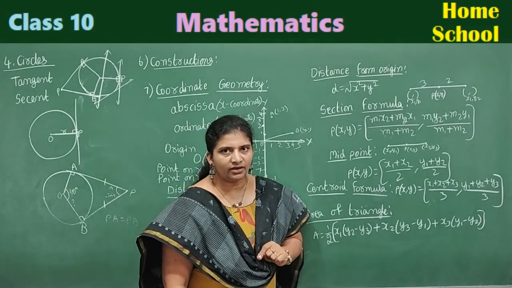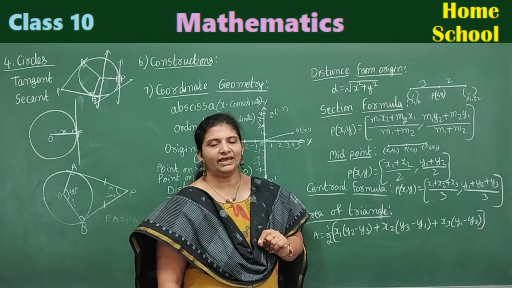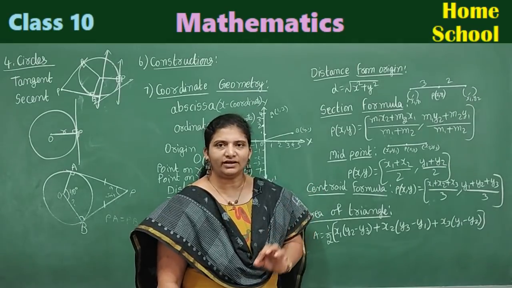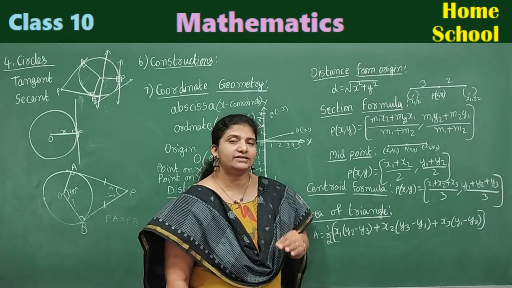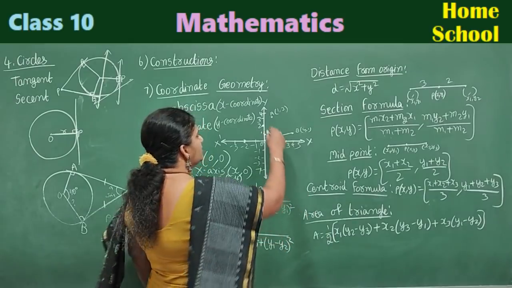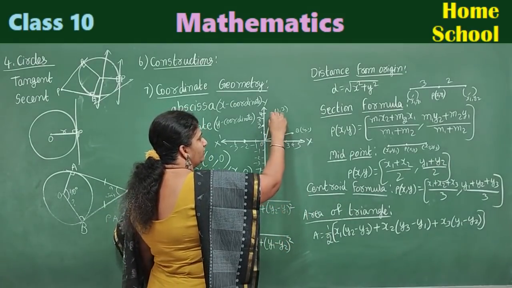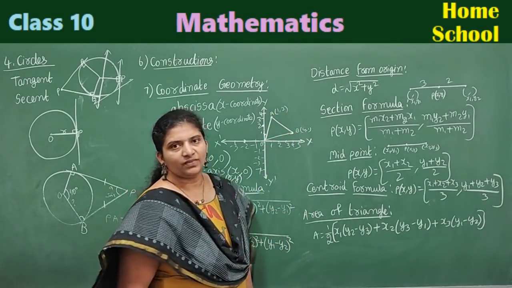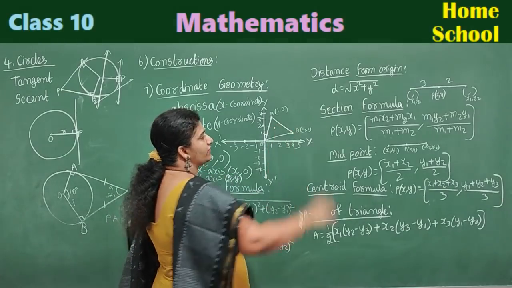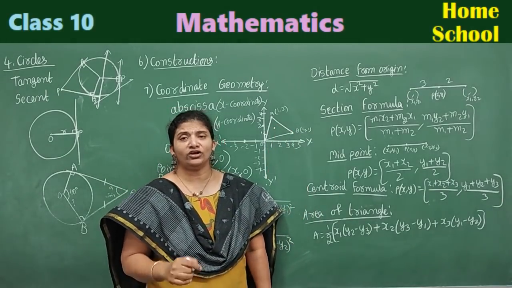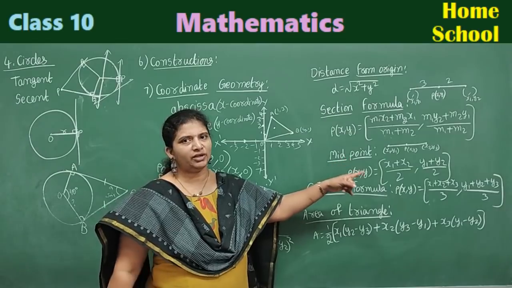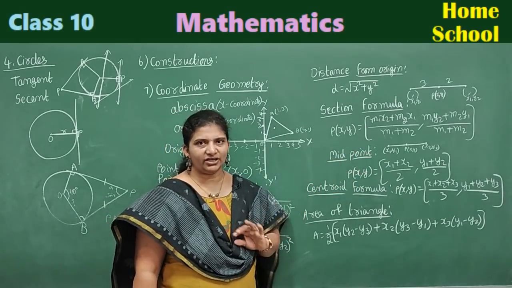Okay, centroid formula for a triangle. I am talking here in a Cartesian plane. What is the centroid of a triangle? 3 coordinates in a Cartesian plane given. Suppose, look here, like this something given. What is centroid of this triangle? At that time, what you need to find? Line segment midpoint means add and divide by 2.